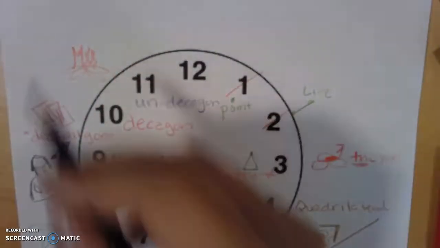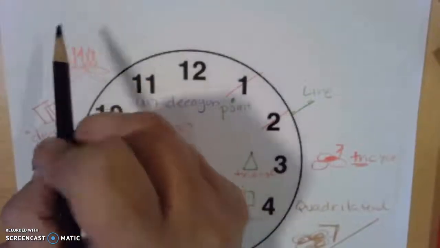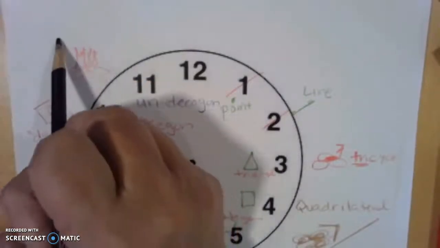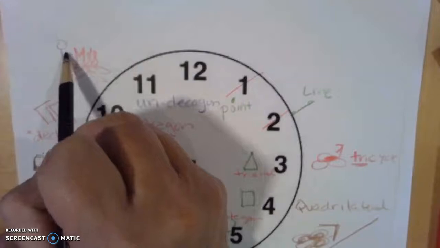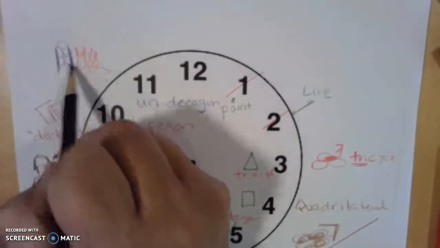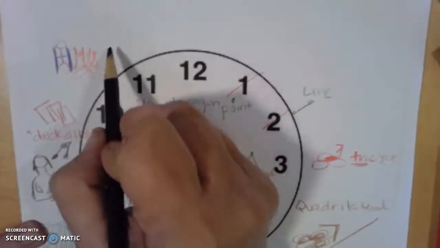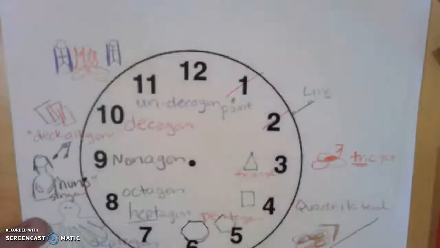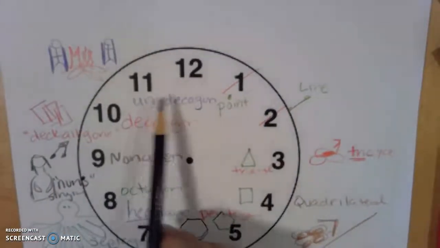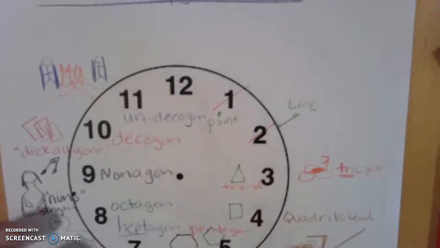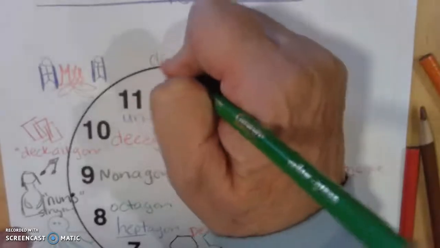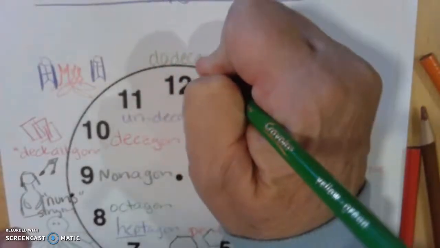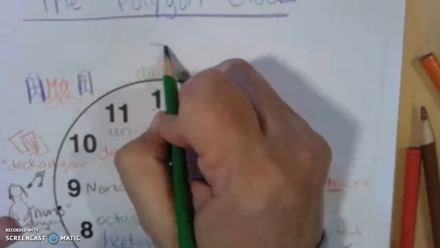Around the fire are these Aborigines from Australia, and they are dancing, and they have sticks that they're holding up, and those sticks look like the number 11, and they're dancing around the fire singing Undecagon, Undecagon. Okay, and a 12-sided figure is called a Dodecagon. Dodecagon. And we've all heard of a dodo bird.